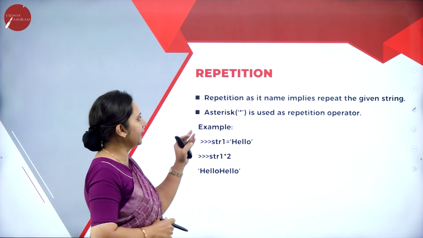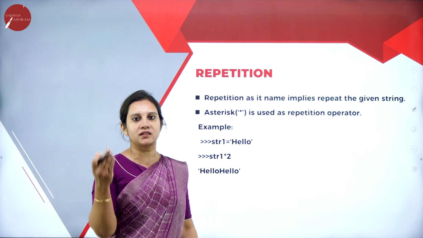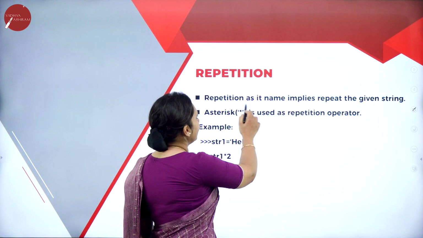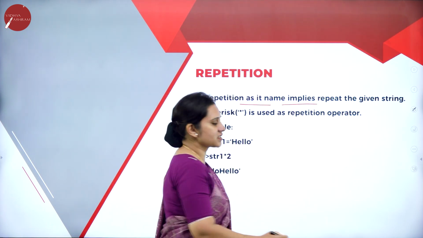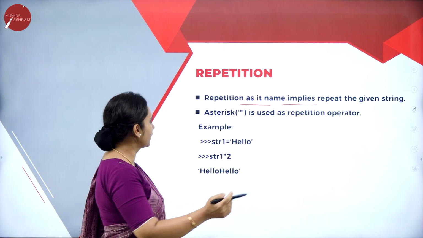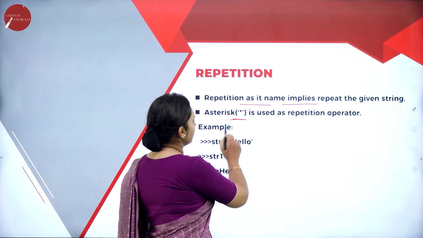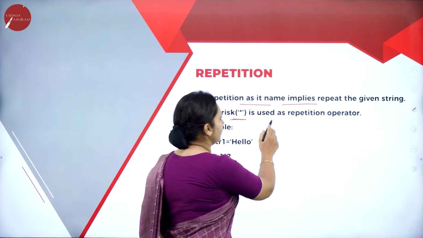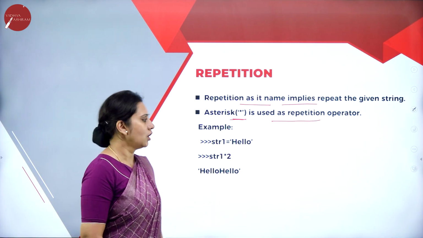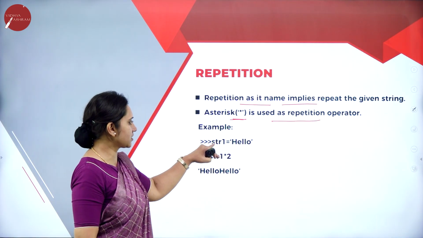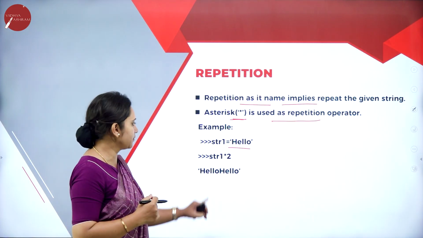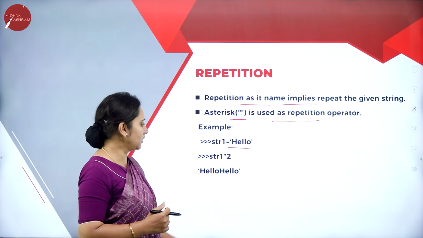Next we have repetition. I need to repeat the string how many times I want. That is repetition, as its name implies, that is repeat the given string, which is done using the asterisk symbol operator, the repetition operator. Example here, str1 I have taken hello. So hello has to repeat 2 times using the asterisk symbol I have given.